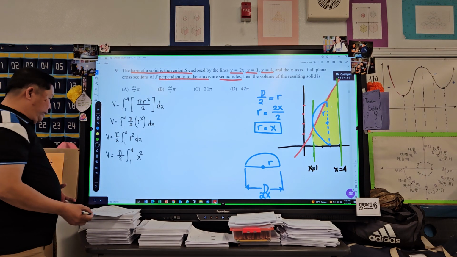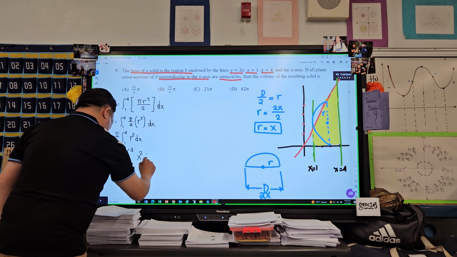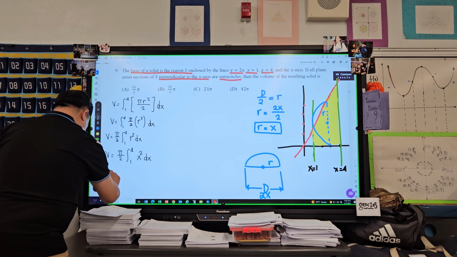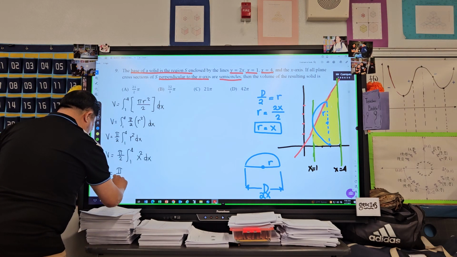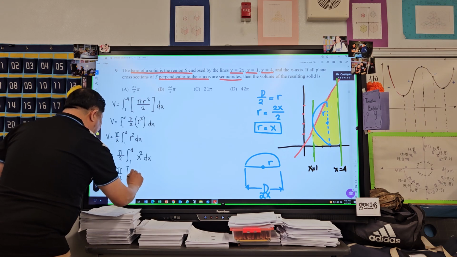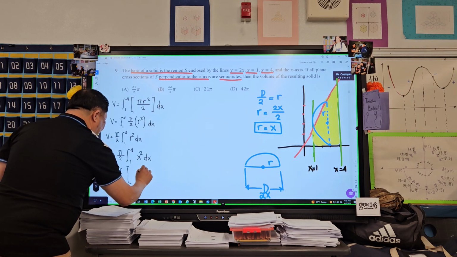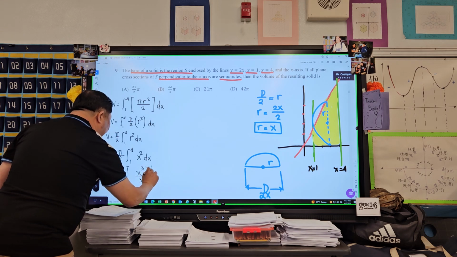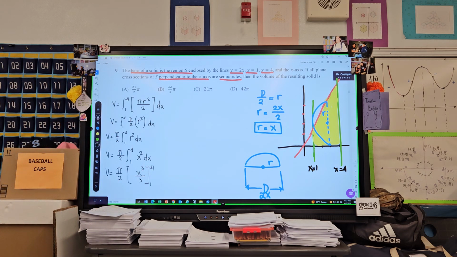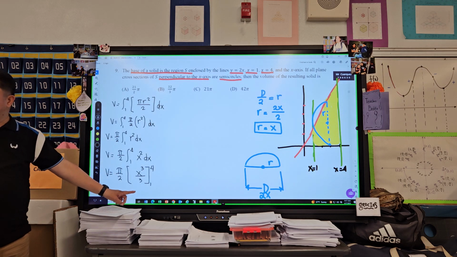So we replace, so x squared dx, and this time you can now do the antiderivative. So you have x to the power of 3 over 3 evaluated from 1 to 4. Okay? Any question before I continue? Is this clear? Yes, sir.